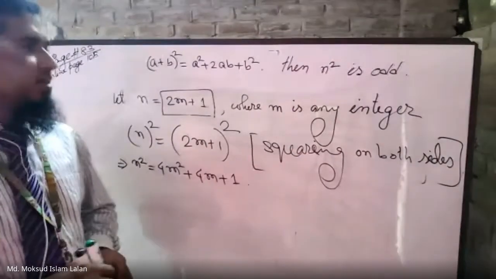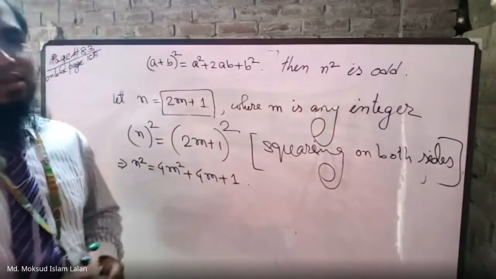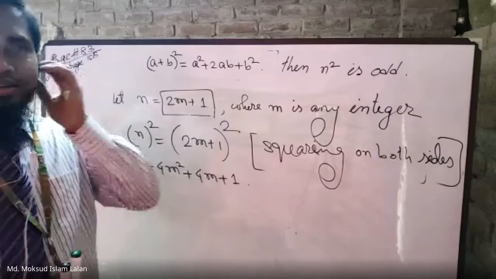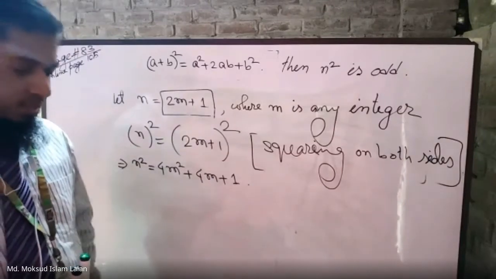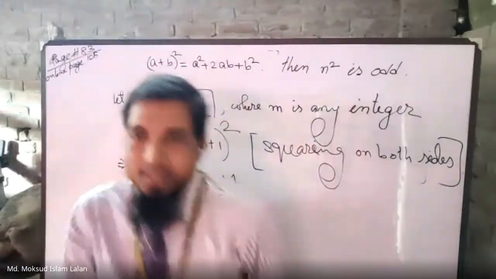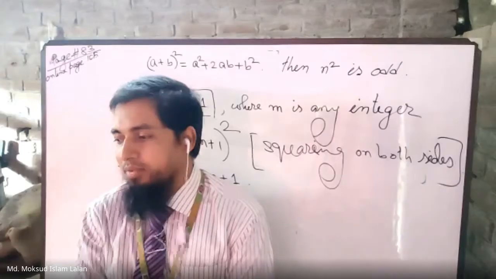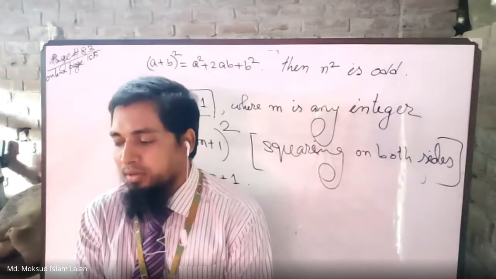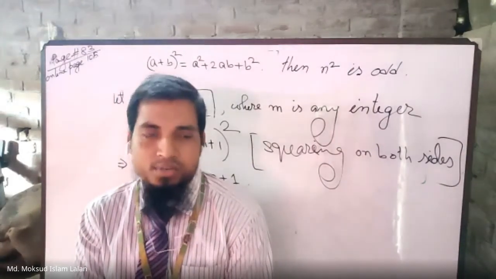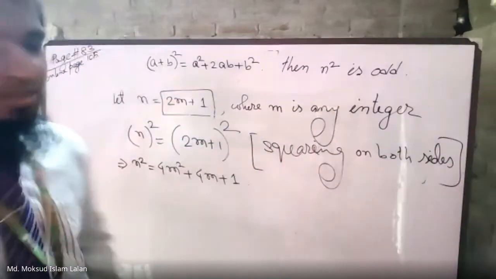Lubna, can you hear me clearly? Yes, sir. Okay, Lubna, 5 square equals what? Sir, 25. So are you using a square plus 2ab plus b square to calculate 5 square?